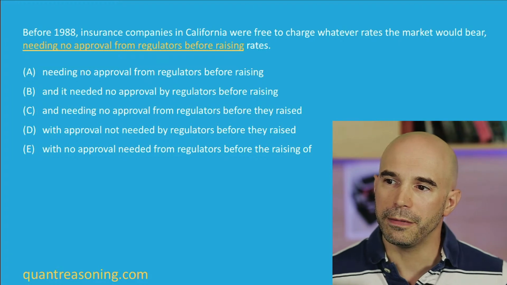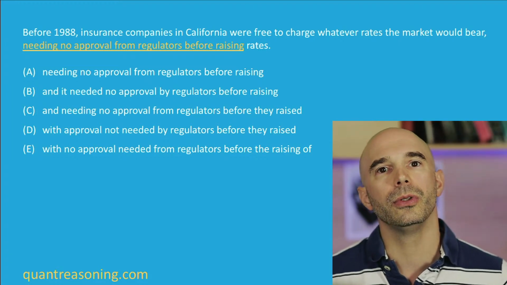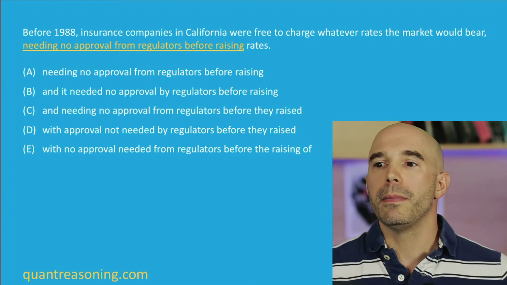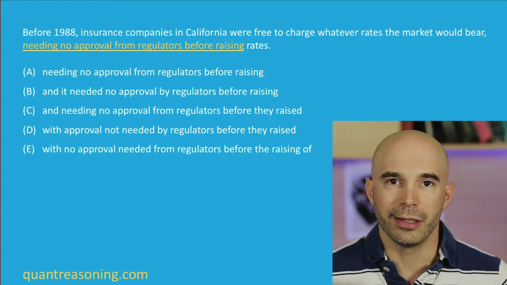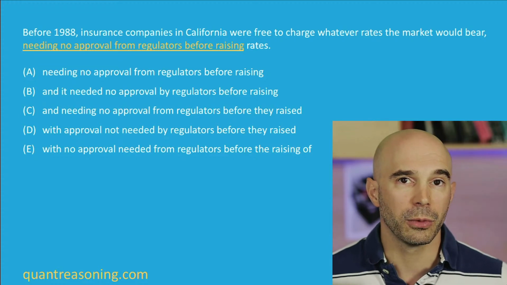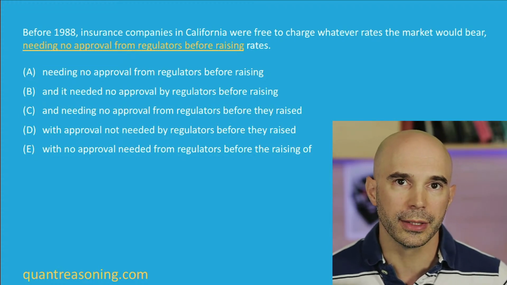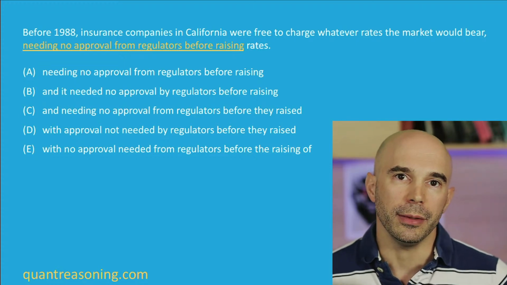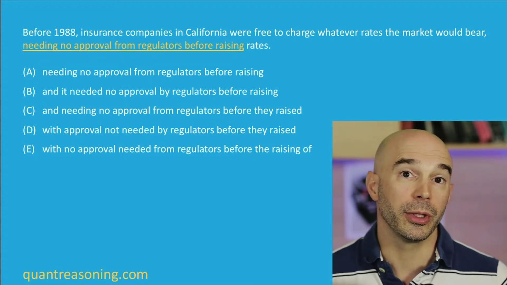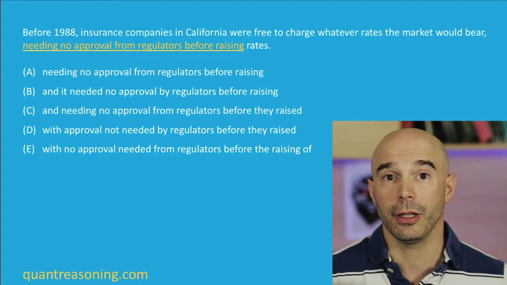Yeah, so if it's there in order to explain the manner in which insurance companies were free to charge, or explain an unintended consequence of the fact that they were free to charge, either of those would require a comma ing, because that's what a comma ing does after a clause.